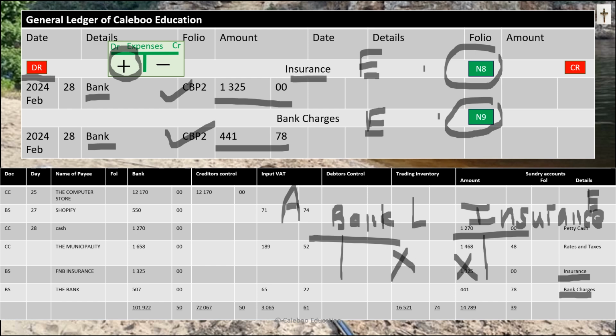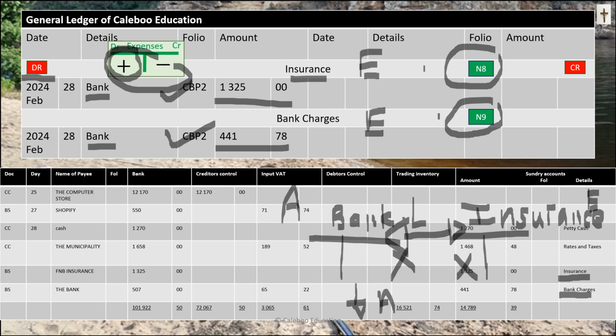Insurance was debited because it's an increase in expense. There we go. Bank was credited. I'm going to say we had a positive balance because there was a decrease in assets. These two accounts are contra accounts to each other. The one account was debited and the other account was credited.